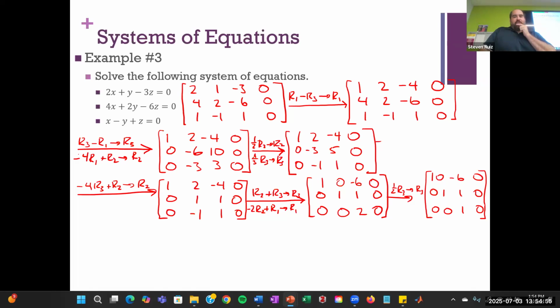So row 1 minus row 3: 1, 2, minus 4, 0. Row 3 minus row 1. Here it is. Thankfully, it's way far back. I'm pretty sure that should be a 5.